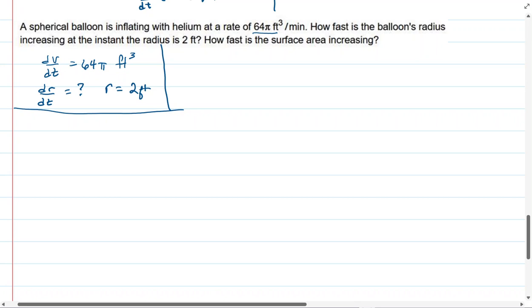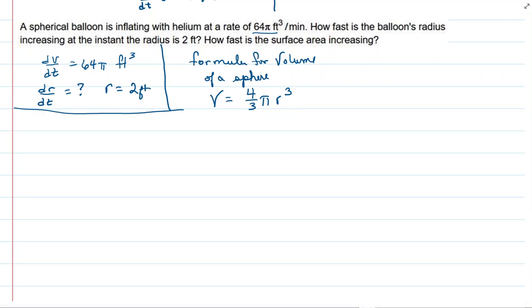We have to find the formula for a sphere. There it is. 4/3 pi radius cubed. So we're going to take our derivative in terms of time.